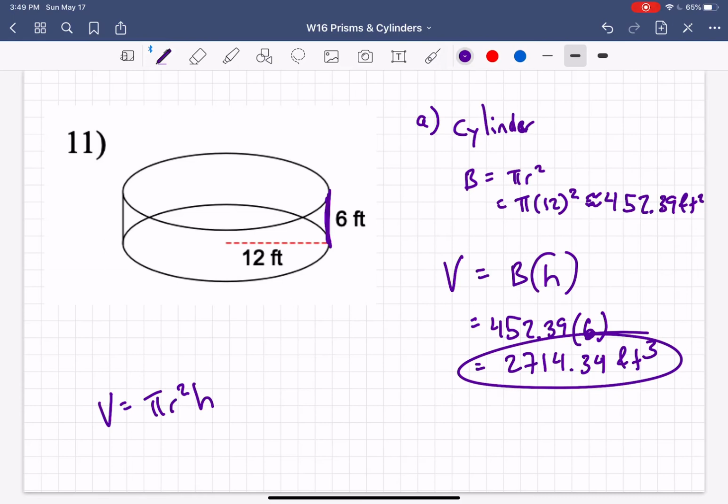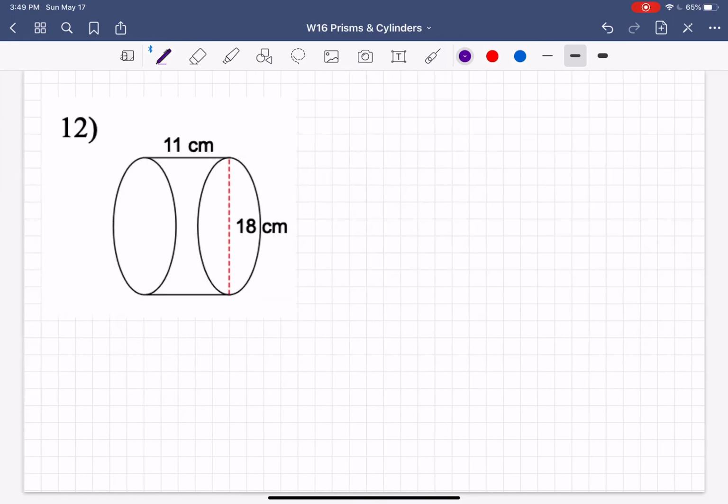So one more example, another cylinder, but here we have our cylinder on its side. So again, this is a cylinder because our base is a circle. The area of that circle would be pi r squared. So we do pi times the radius squared, but be careful looking at this. See how the red line goes from side to side.